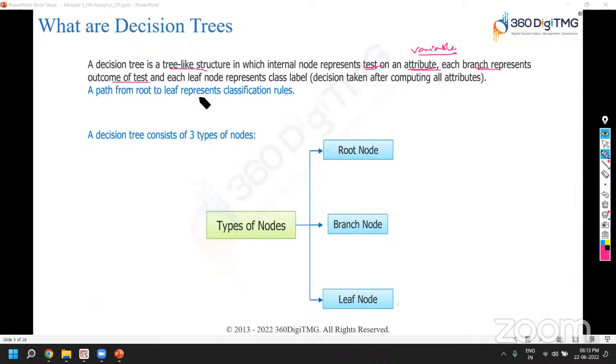When we keep doing this, we end at a leaf node, the end point. Each leaf node can then be categorized into one of the output categories. We will see how this decision tree can be grown, but a path from root to leaf is represented as a classification rule. We have to traverse from root to leaf node.